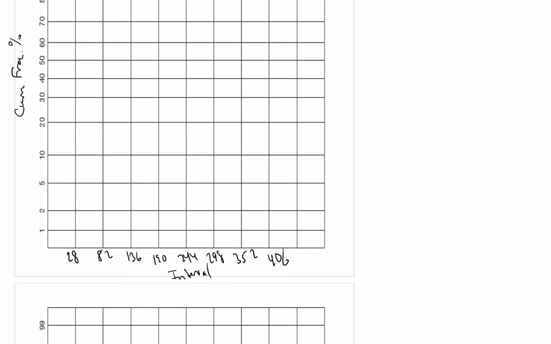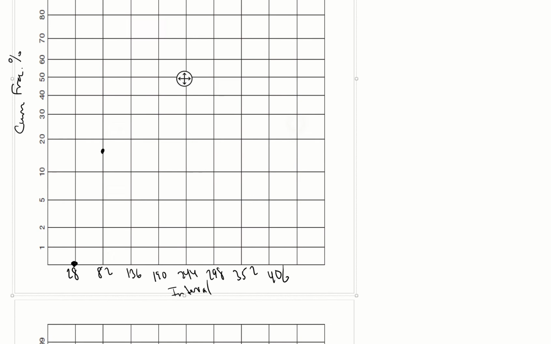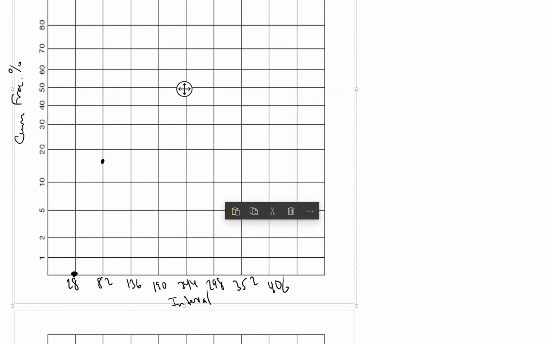And remember, the first number is always going to be 0%. Then the number after that is going to be the percent that we got when we calculated it. So when we calculated it, we got 16%, right? So 82 is going to be 16%, which is around here. And then 136 is going to be 2%, and so on. This one's 19, pretty close to 20.